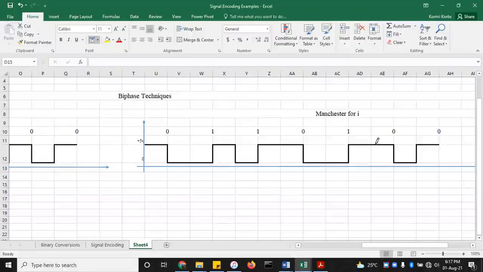Now you notice the highs, the highs, and then the lows. If you want to achieve a low, you have to transition in for a 1 to 1. The same applies for 0 to 0: you transition from the mid bit to the beginning of the bit so you can achieve the high start.